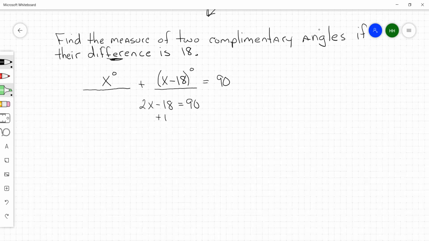If you add 18 to each side, then 2x equals 90 plus 18. I say 108. So does my calculator. Divide by 2. x equals 54.